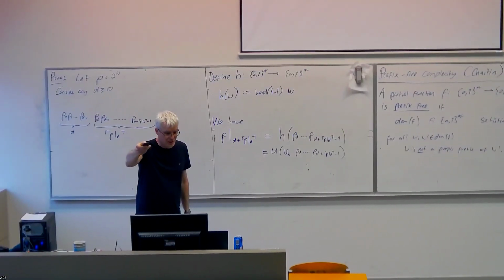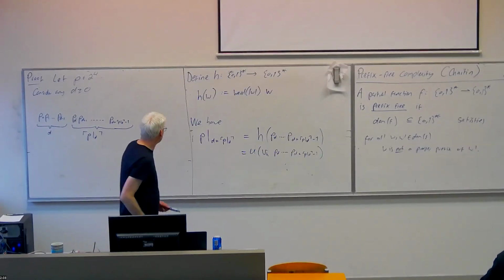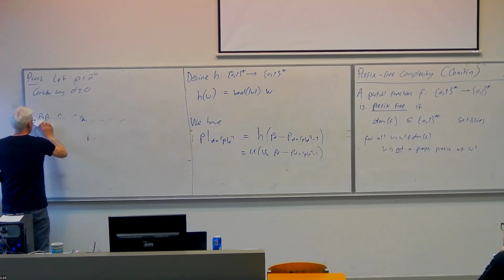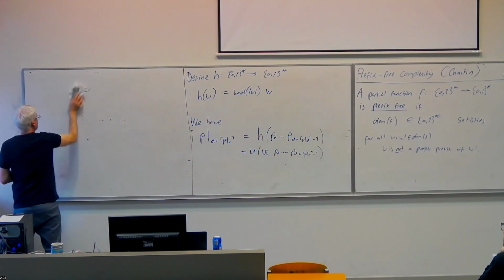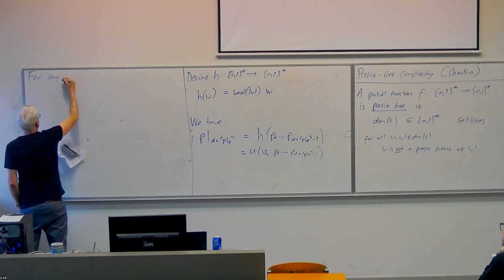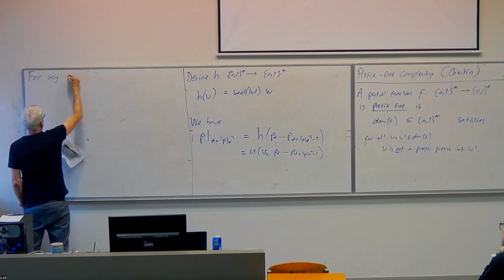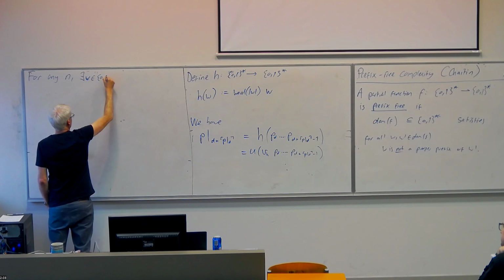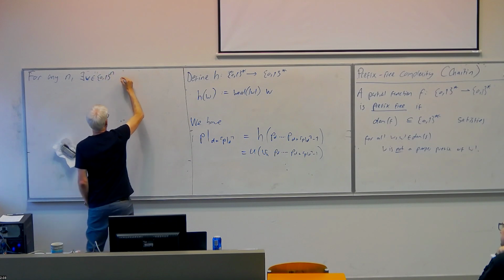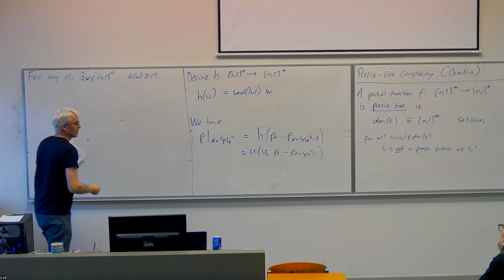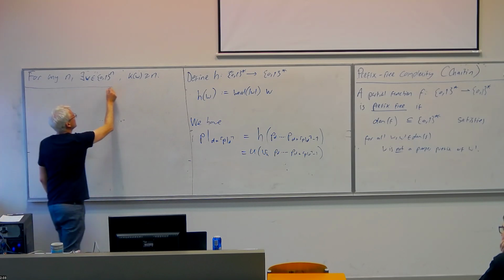By the same argument, for any n there exists a word w of length n such that the prefix-free complexity is at least n. The same argument as before.